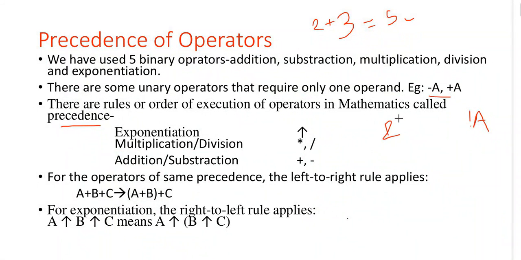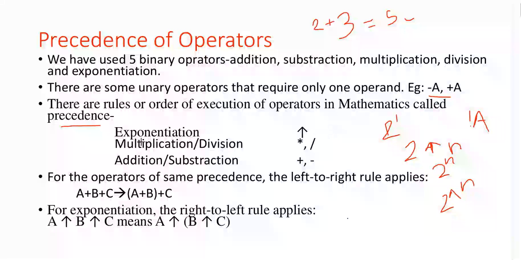Exponentiation is the power operator, that is, if we write 2 with this exponential sign and n, it is also written as 2 raised to the power n. It means 2 is multiplied n times. That is the meaning of exponentiation.